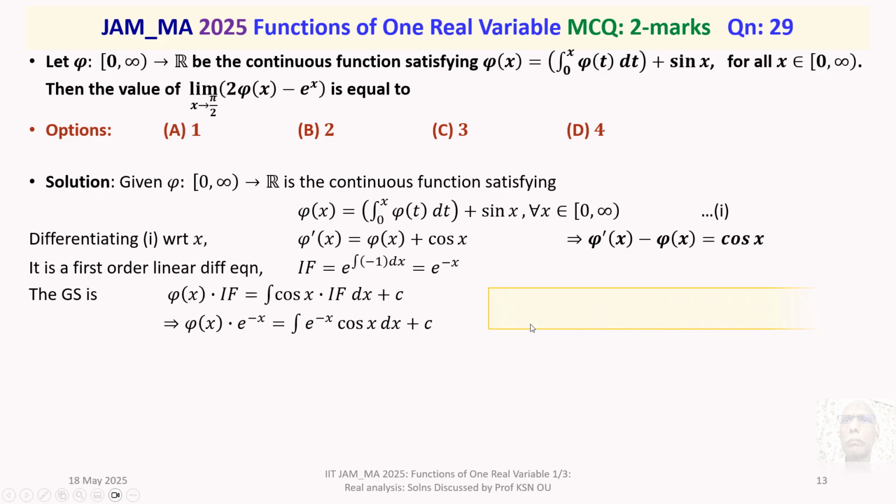We recall from our intermediate, integral e power ax into cos bx dx is equal to e power ax by a square plus b square multiplied by, in brackets, a cos bx plus b sin bx. This is a ready-made integral. Substitute here. A is minus 1, b is 1.